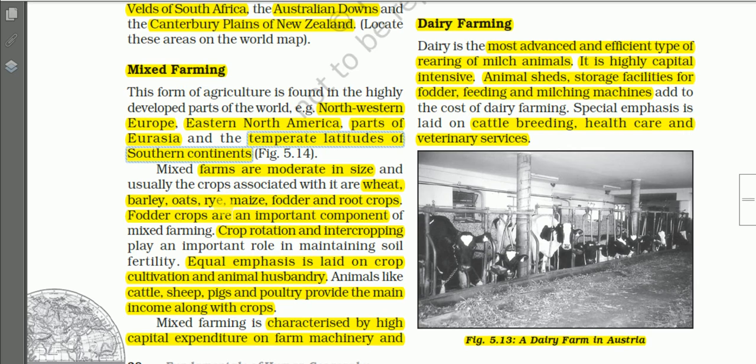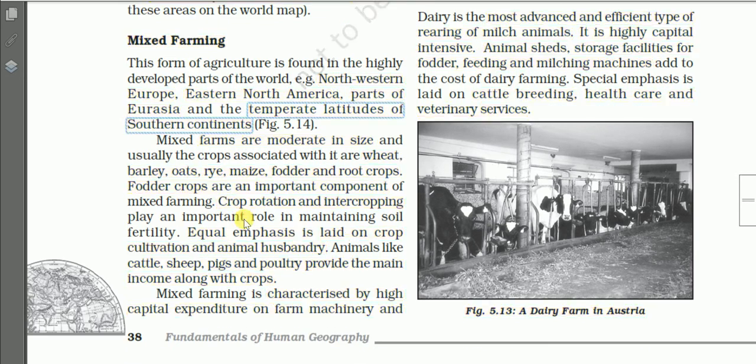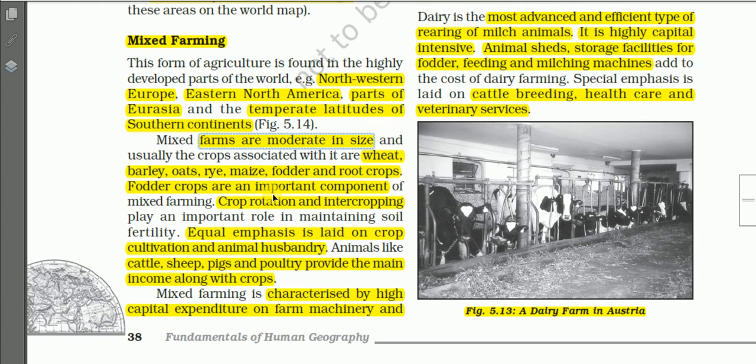About the characteristic features: mixed farms are moderate in size. It is not as big as extensive commercial grain farming. The size of the farm is moderate, maybe 100 or 200 or even less than 100 hectares of land.